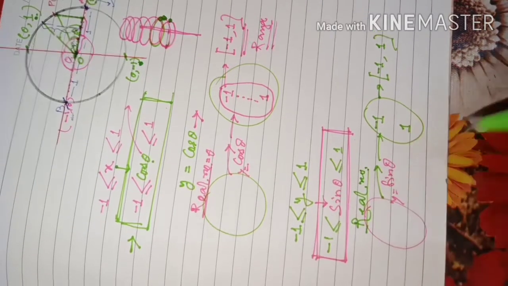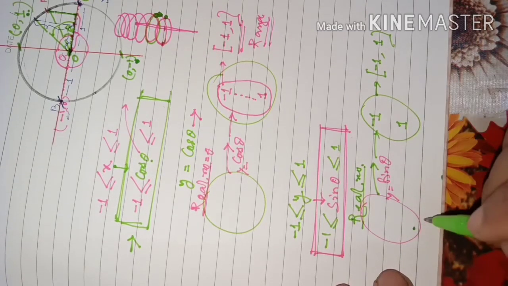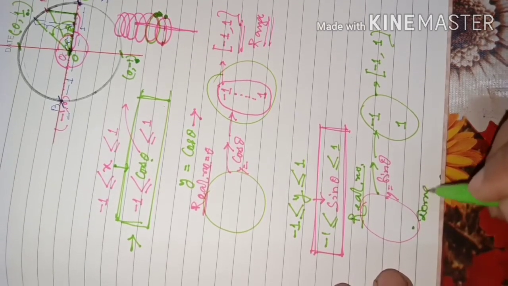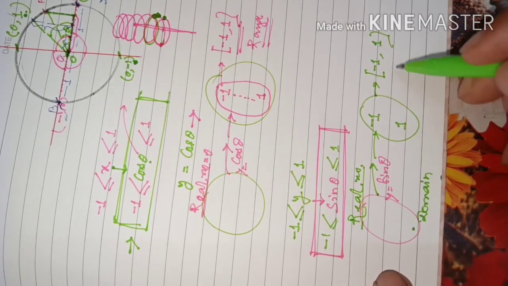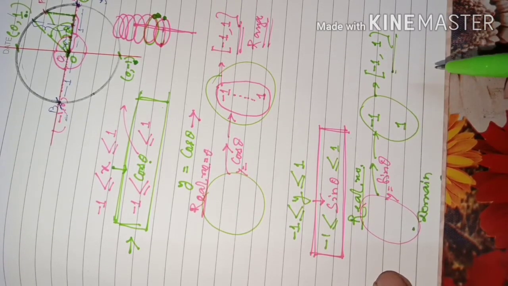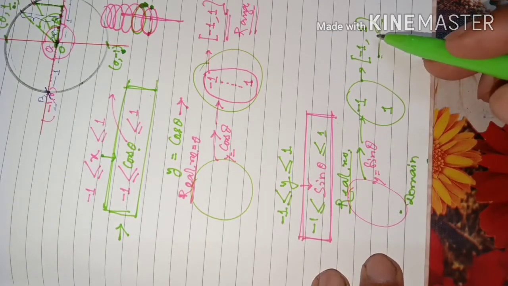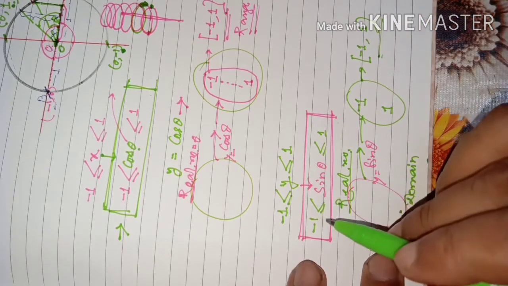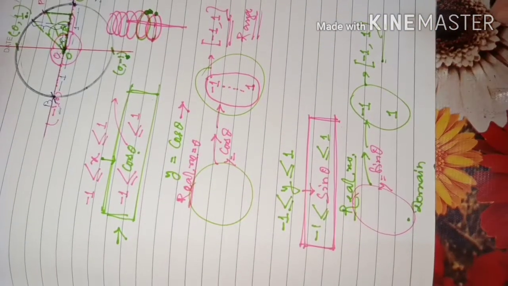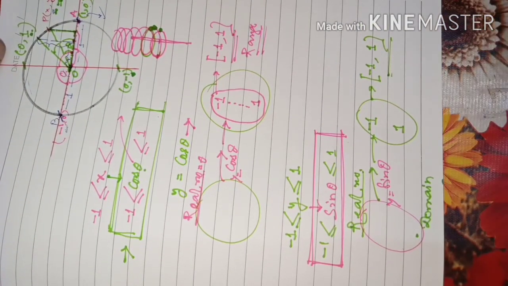This theta represents a real number. So any real number is the domain and the range is minus 1 comma plus 1, including minus 1 and plus 1. So the sine function's range is minus 1 comma plus 1 in closed interval, and the cos function's is also the same, and the domain is also the same for both. So what have we understood, dear students, from this?